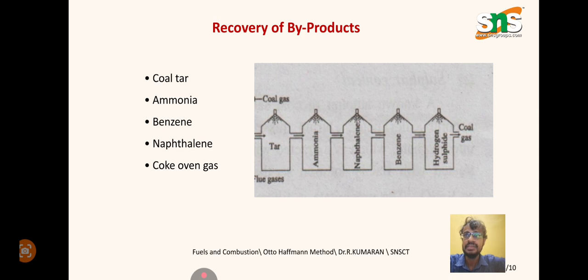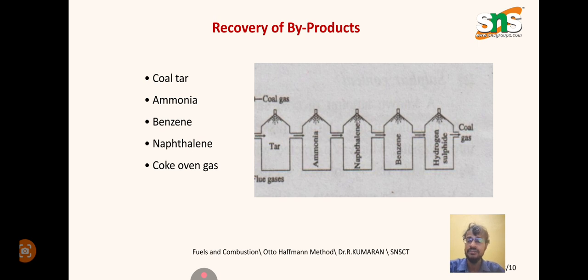The Otto-Hoffmann process converts coal into metallurgical coke while capturing the volatile gases released during the process. This system ensures that valuable chemical byproducts are not wasted. That is very, very important. In other ovens, byproducts would be wasted, but here they won't be wasted.